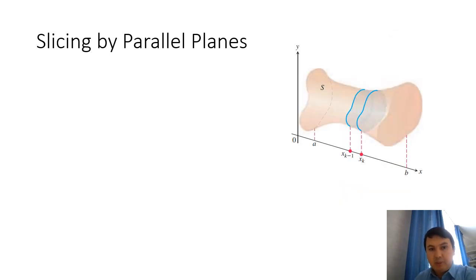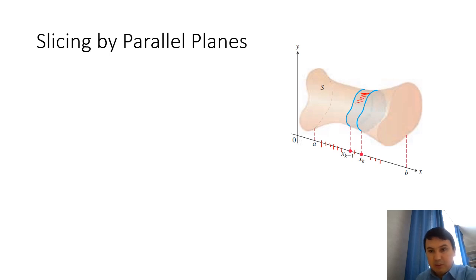Okay, so let's set up this Riemann sum. As we said, let's say we have an interval from a to b. You look at these partitions, so you slice your region by these planes, and then you pick any x in here. It could be just an endpoint or whatever.